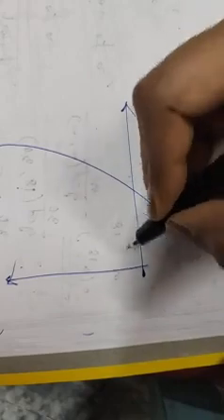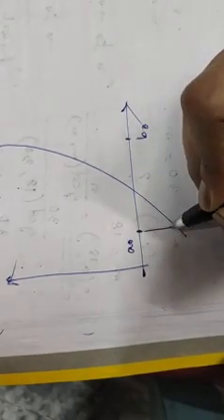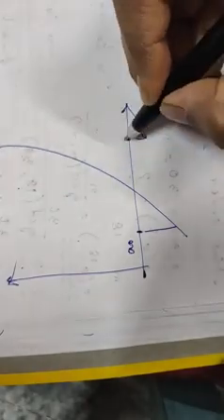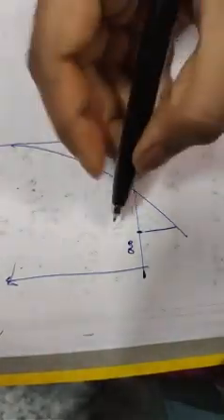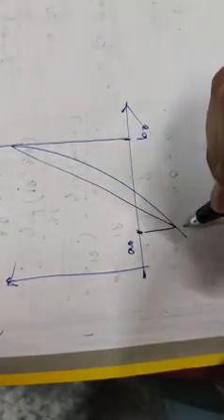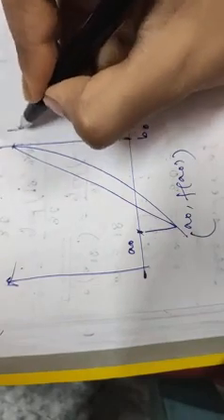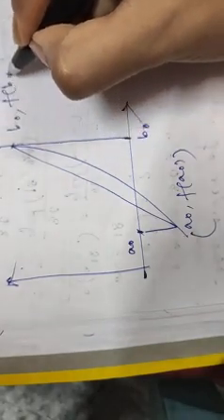This is our graph y equals f x, this is the point a0 and this is the point b0. Join the chord. This point is a0, f of a0 and this point is b0, f of b0.